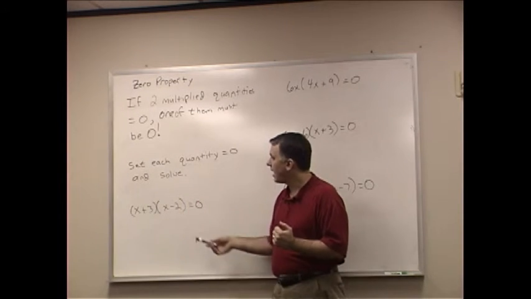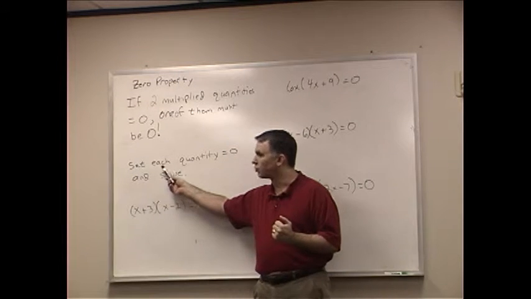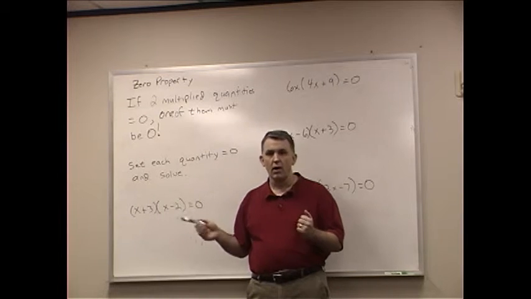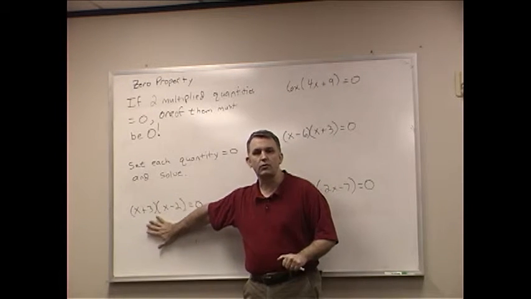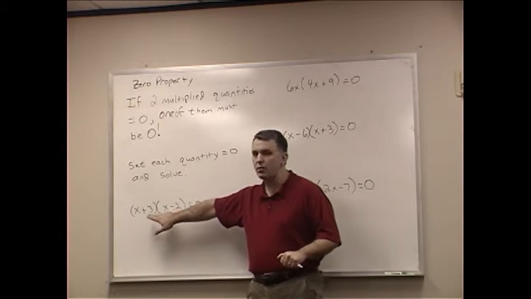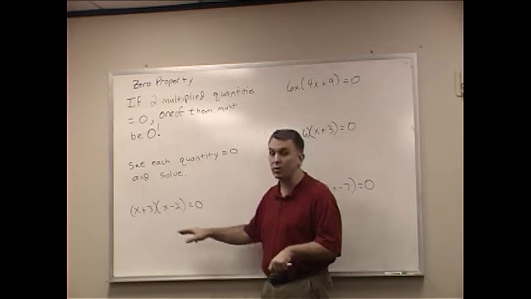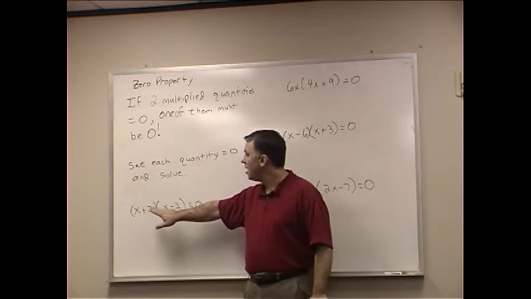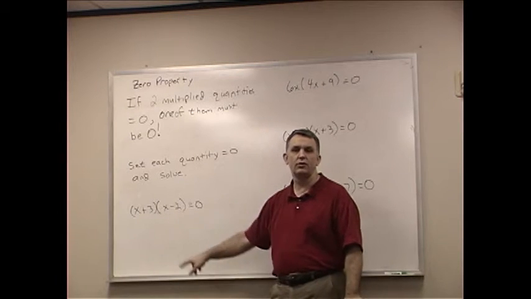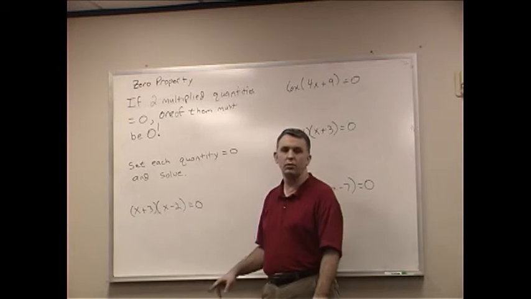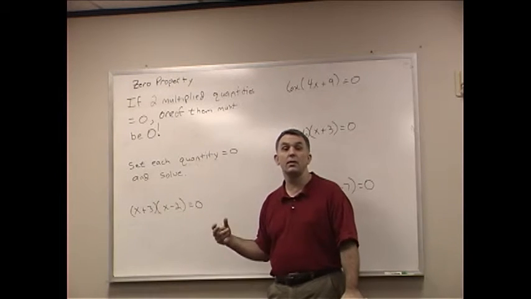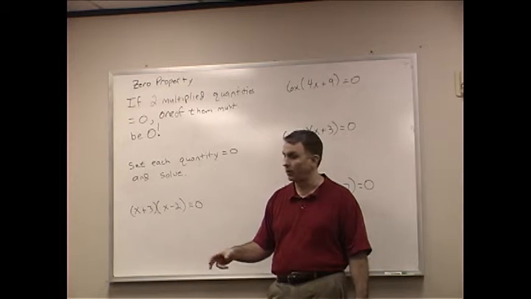All right, now I've got a rule that says set each quantity equal to 0 and solve. Before we do that, let's just do this one by guess and check. It's a pretty simple one to do that way. x plus 3, that's a quantity, times x minus 2, another quantity, equals 0. Well, the only way these two things end up being 0 is if one of them is 0.